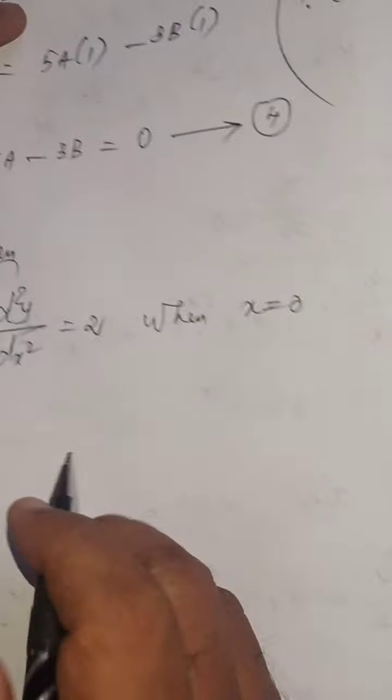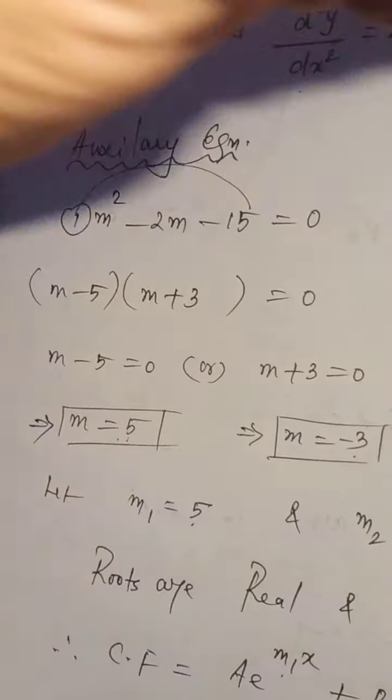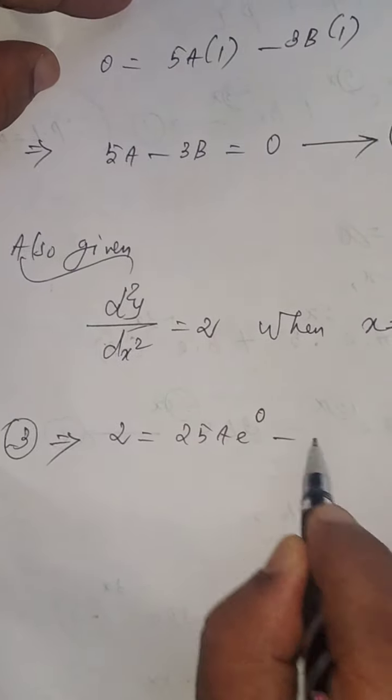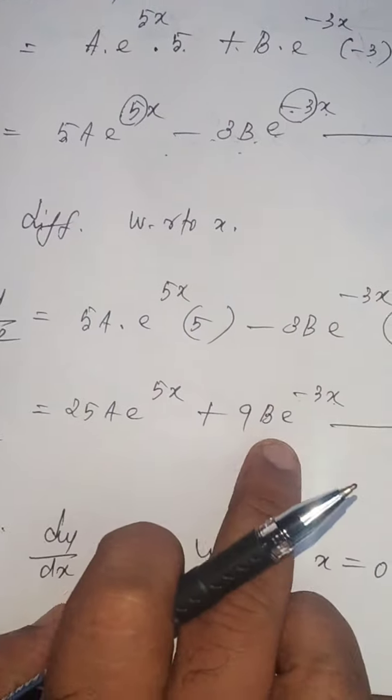So 2 equals 25a into e power 0 plus 9b into e power 0.